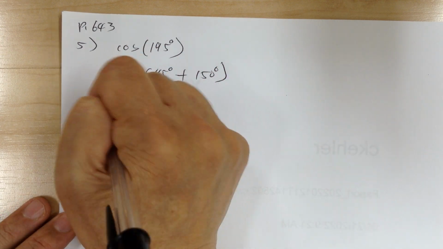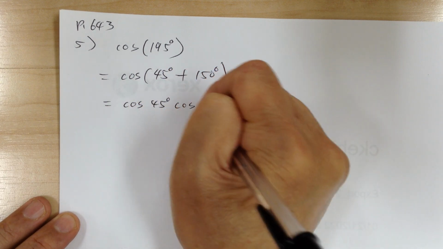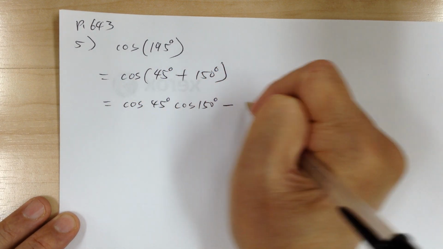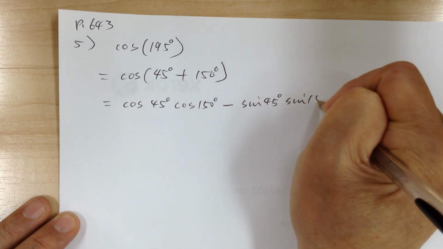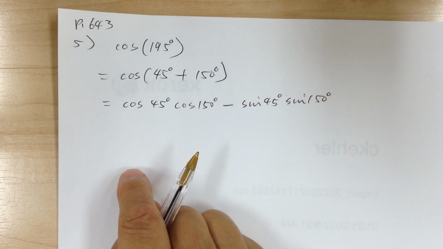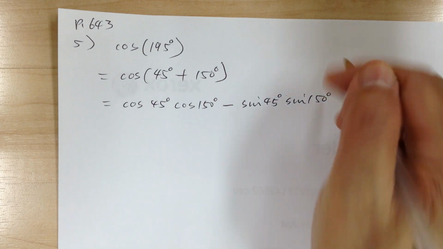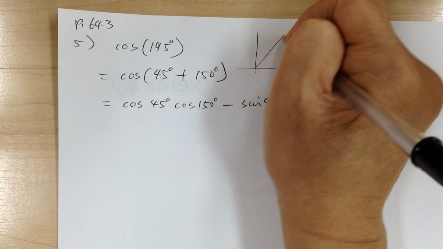Okay, so you're going to get cosine 45 degrees, cosine 150 degrees, minus sine 45 degrees, sine 150 degrees. Okay, so you can use your identity.